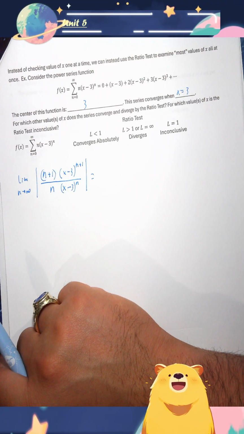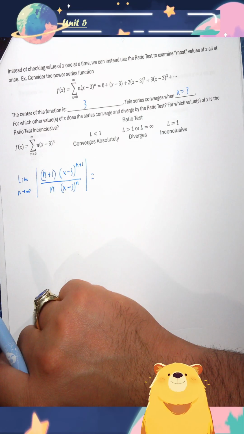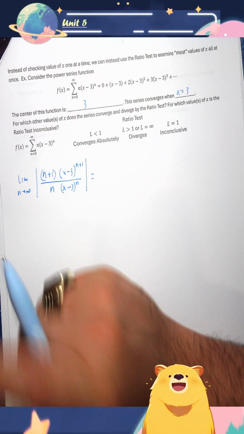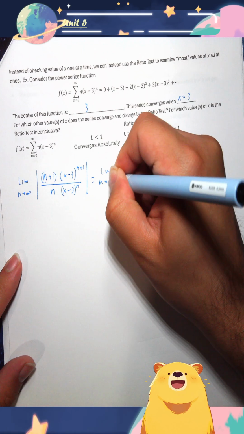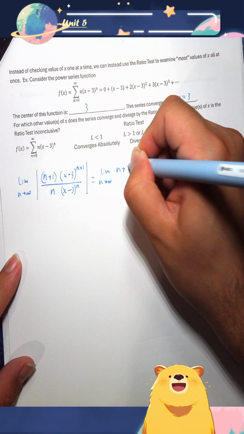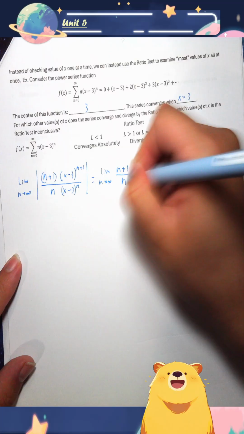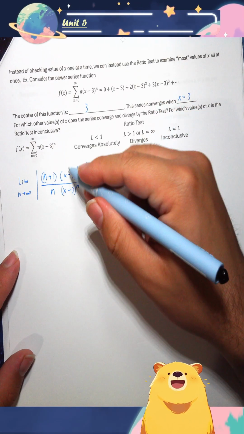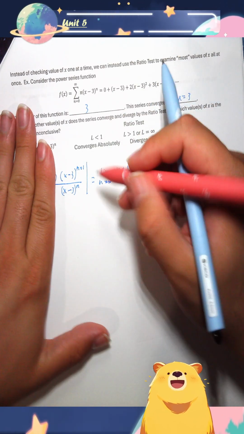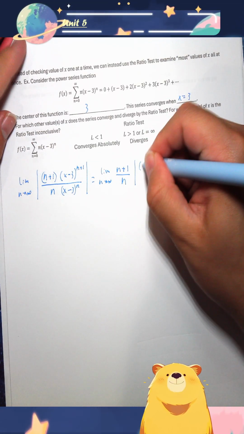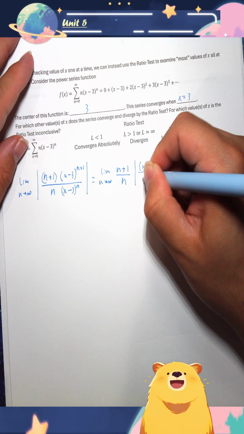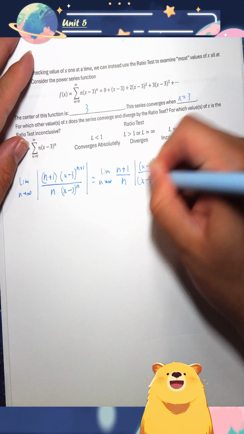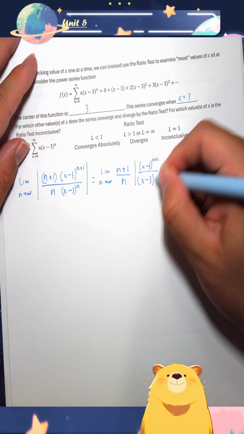Let's go ahead though and actually write that out. So the limit as n goes towards infinity will have n plus 1 over n. And then what's left over here is, right, the x minus 3 to the power of n plus 1 over x minus 3 to the power of n.